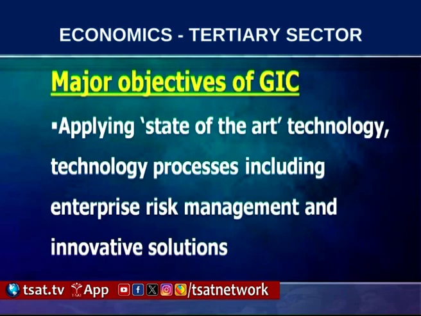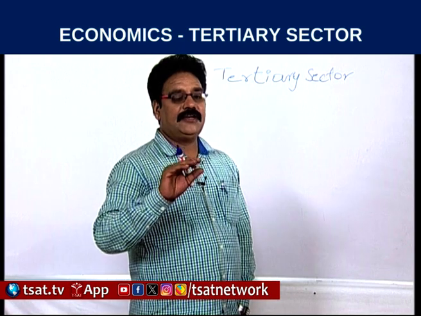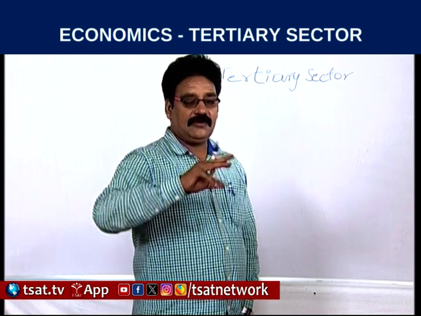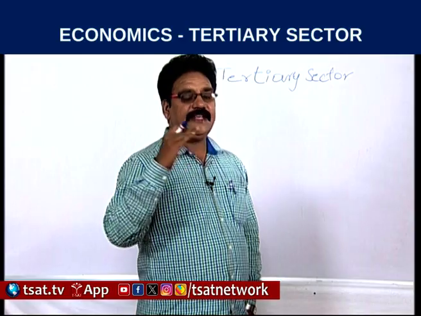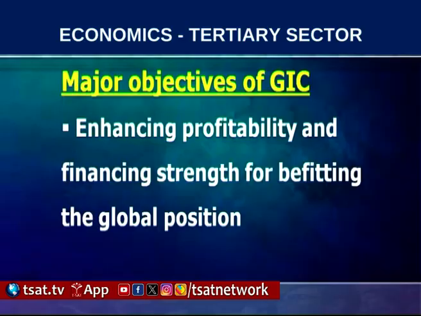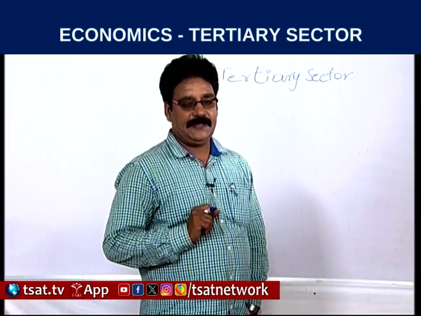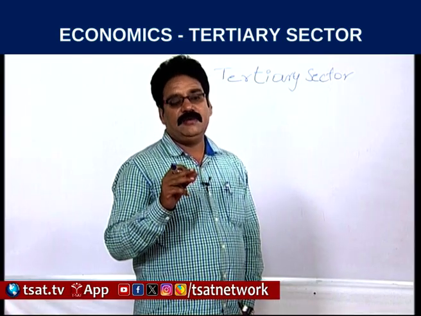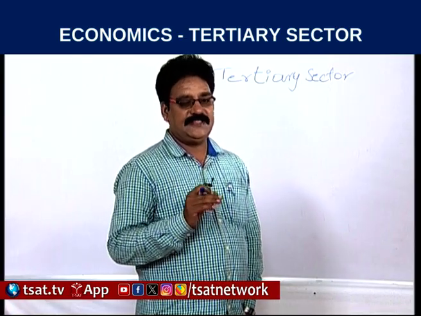Applying state of the art technology and processes, including enterprise risk management and innovative solutions. They are providing security in this enterprise risk also. Enhancing profitability and financial strengthening for benefiting the global position. Okay. These are the major objectives of the GIC.